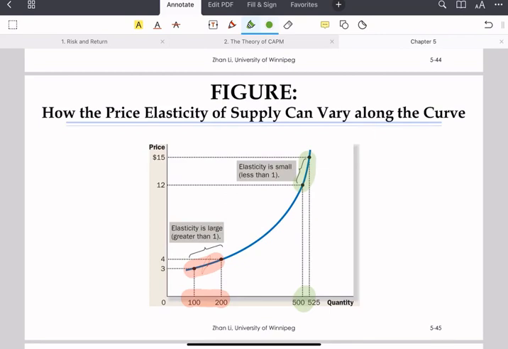At least you might need to wait for several months to buy new machines, to expand your factory size, to increase your production. So that's why at a high level of production, your price elasticity of supply is low.